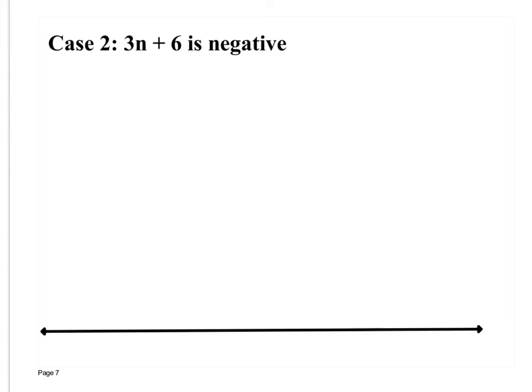And then you do case 2 where you treat what's inside the absolute value as negative. So I treat 3n plus 6 as negative, which I could write in parentheses and make it negative, or I can flip the sign, so it was greater than or equal to, I make it less than or equal to, and make 12 negative.